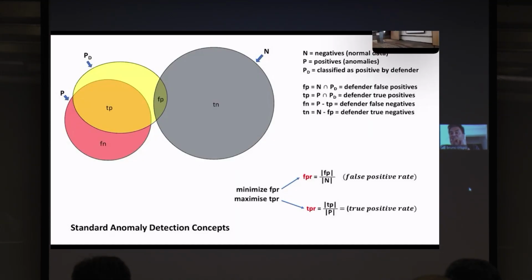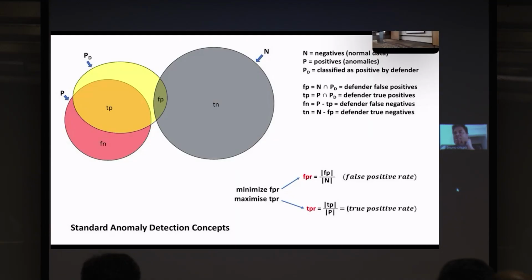Then there are the true positives. The true positives are the anomalies that the defender's classifier captures as anomalies, and that are real anomalies, so those are the good ones. And then the worrying ones are the false negatives, which are anomalies that the defender's classifier doesn't manage to catch.